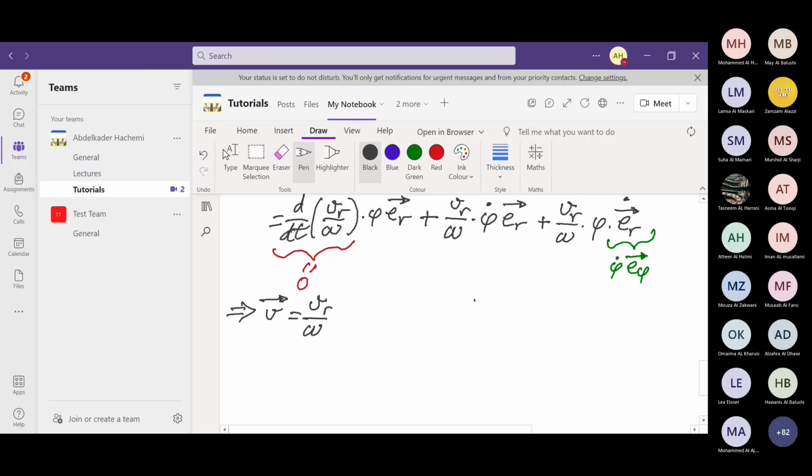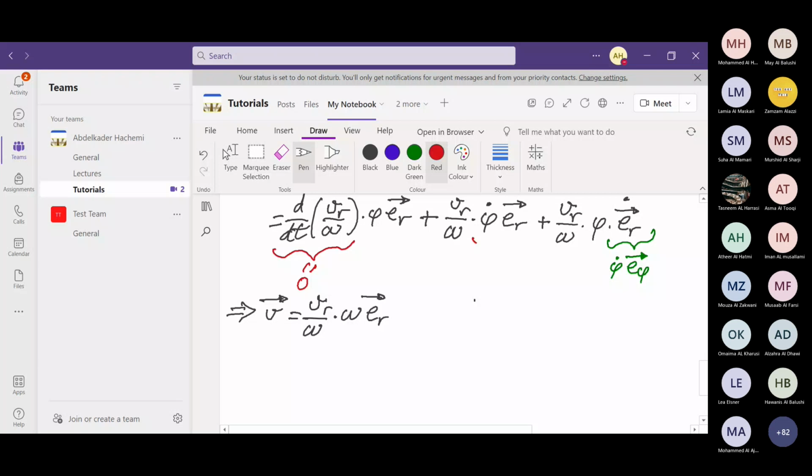Why? This is phi dot, in another color. We have phi dot, it's only omega.